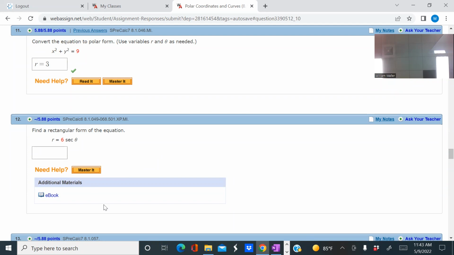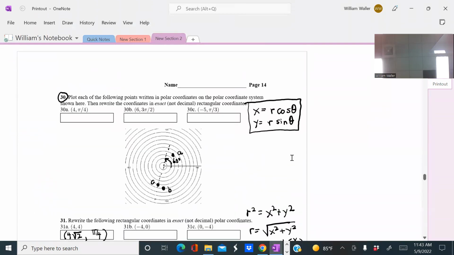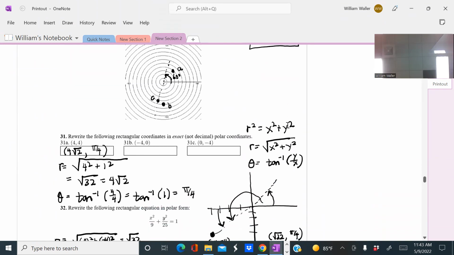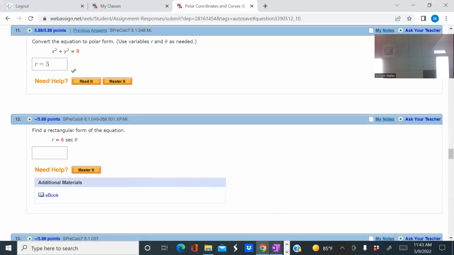But again, you want to be on the lookout for things that look like your conversion formulas. And remember these two conversion formulas: x is r cosine theta, y is r sine theta.